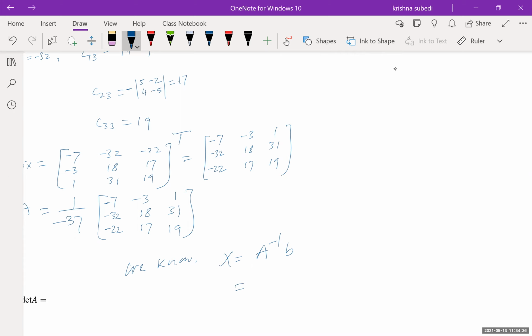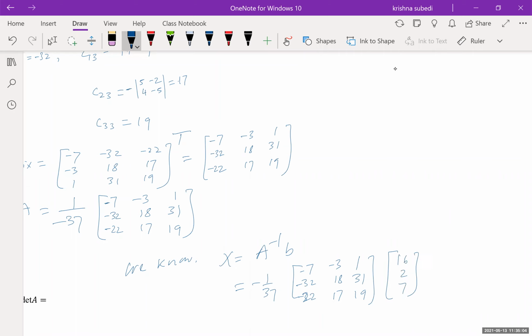So A inverse is negative 1 over 37 times the matrix negative 7, negative 3, 1, negative 32, 18, 31, negative 22, 17, and 19. And then B is the constant term, which is 16, 2, and 7, I believe.